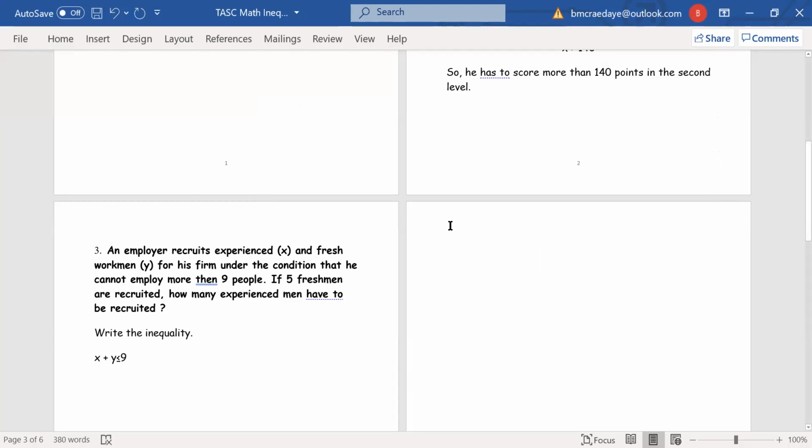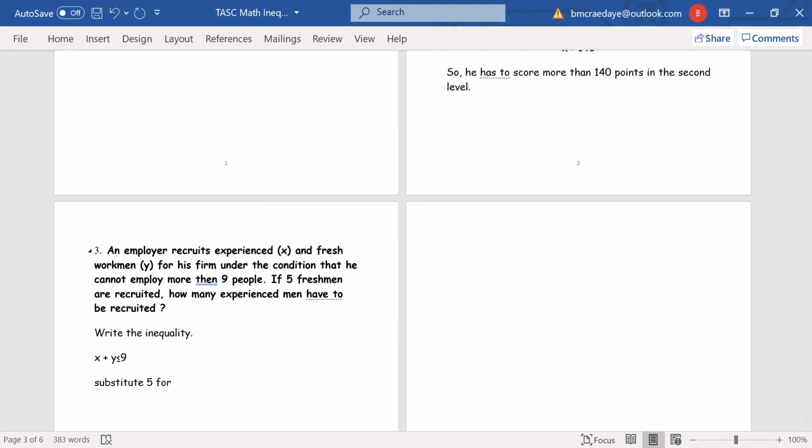Now X represents the experience and Y represents the fresh workman. So I can substitute 5 for what here? X or Y? Y.